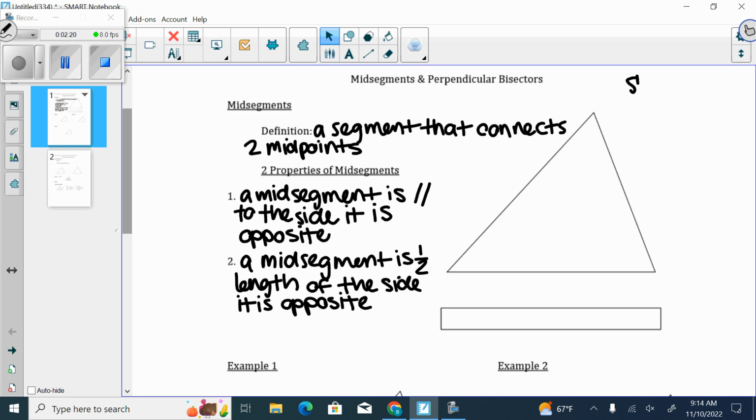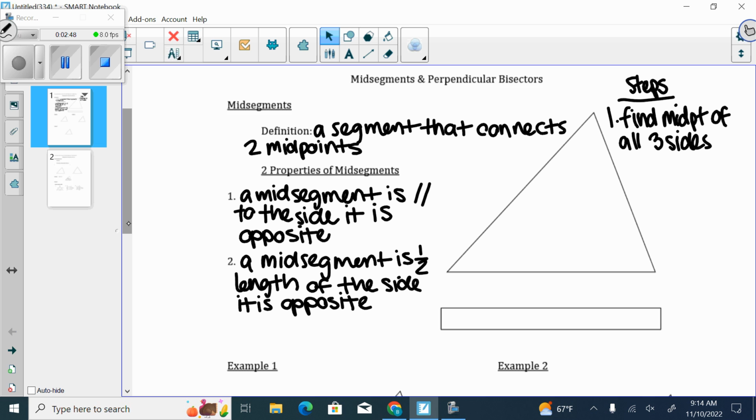If you were going to create a midsegment, your first step would be to find the midpoint on all three of the sides in our figure.